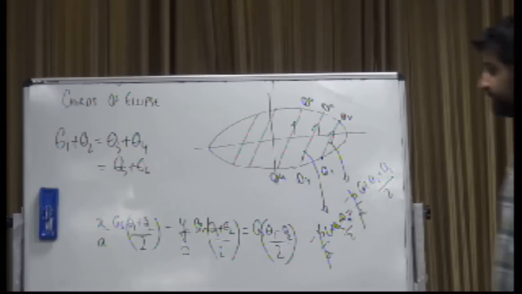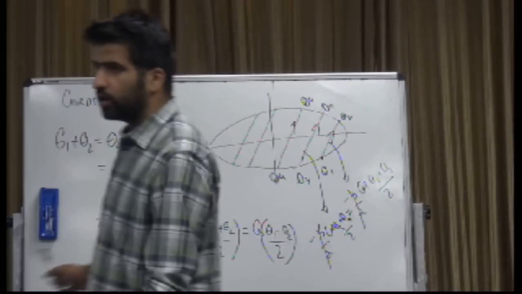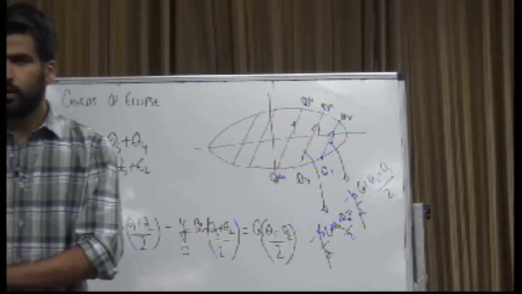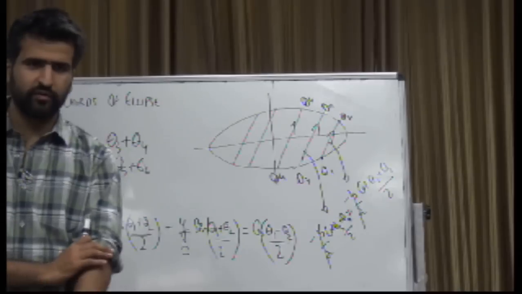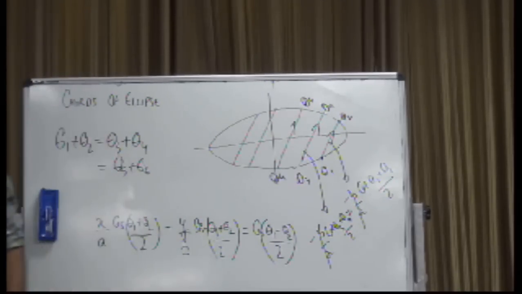So now see, the limiting case of a chord will be a tangent. Can you explain this term? The limiting case of a chord will be a tangent. So when does a chord become a tangent?